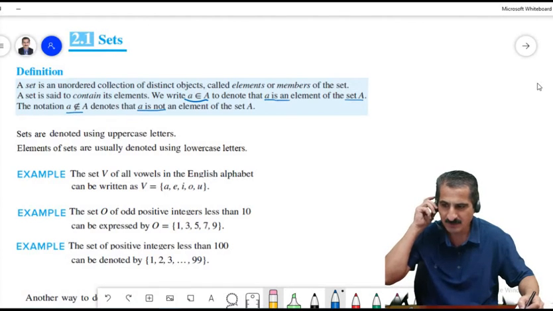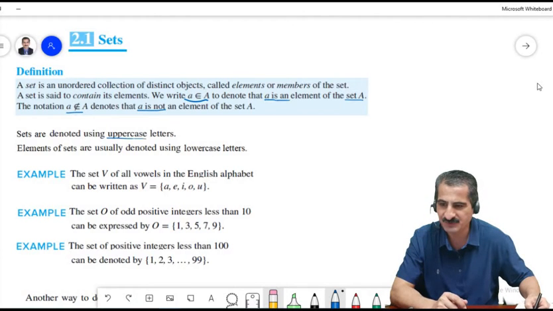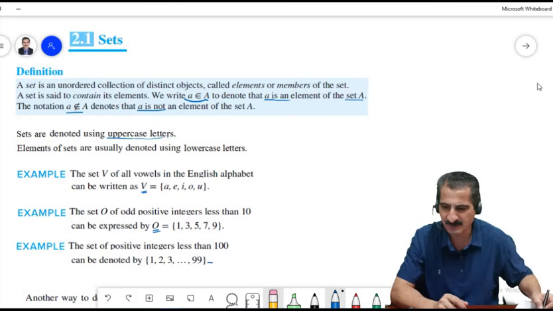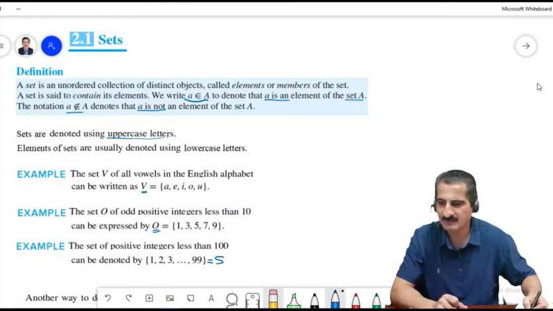We will use uppercase letters to denote sets, as we see here. This is capital V and capital O, and we may call this set capital S. And for elements, we usually use lowercase letters.